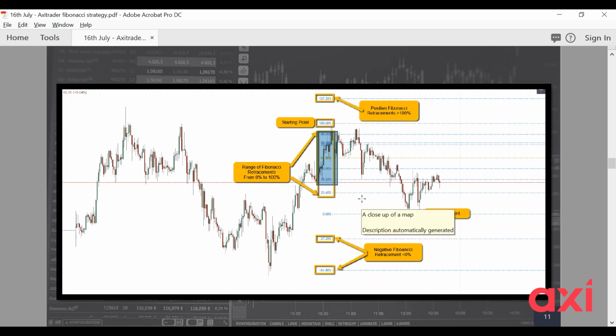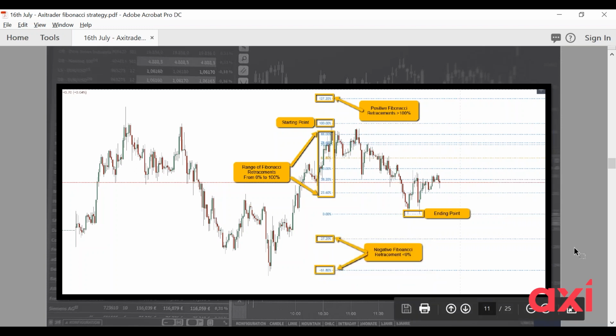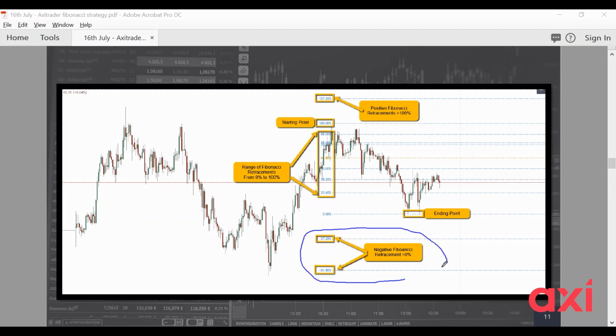Let me repeat that again. For this part here to work, the Fibonacci retracement that you draw after you draw a starting point and your ending point needs to retrace at least up to 38%. Even if it retraces to 23%, it will not work.